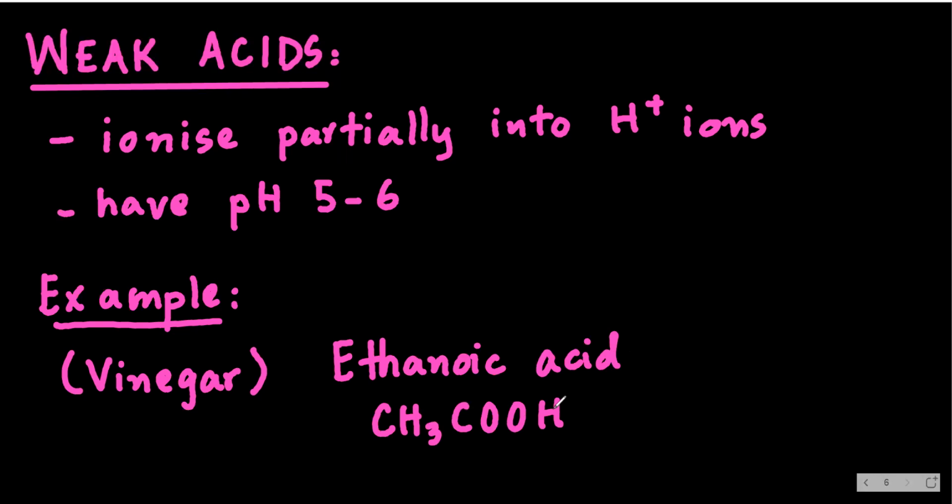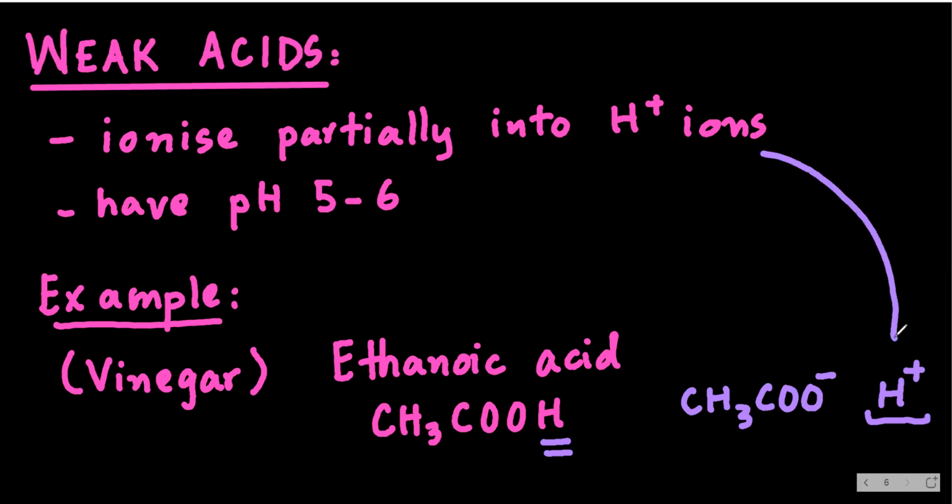As we have learned earlier, all acids will have H plus ions. So here you can see it has H plus ions. This is the ethanoate ion and H plus. So whether weak acid or strong acid, it will have these hydrogen ions in it.